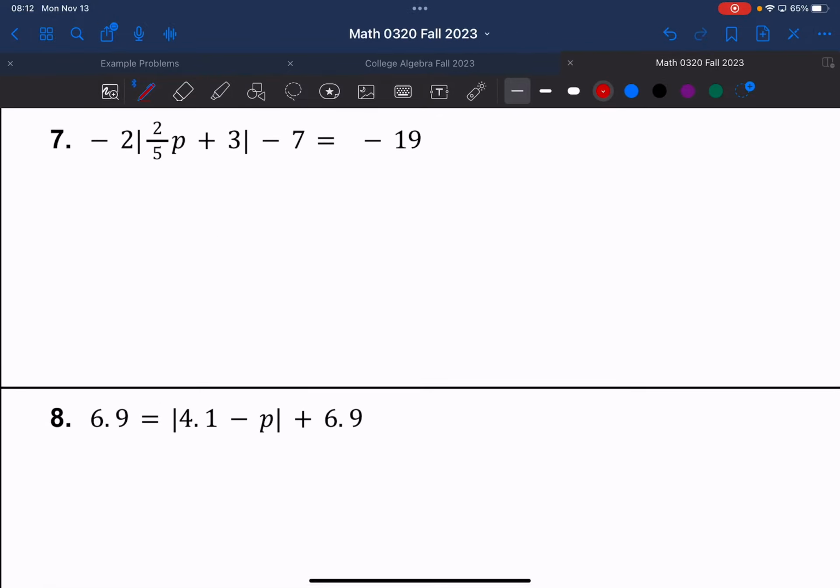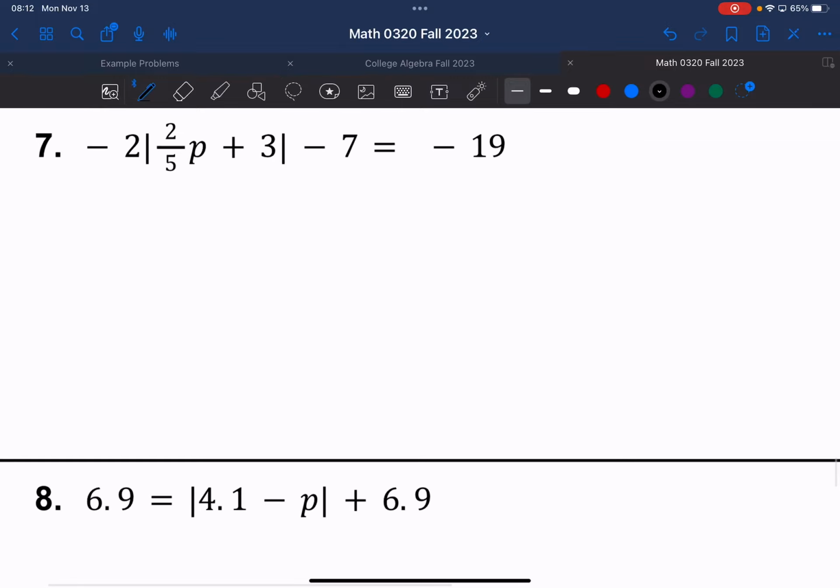Number 7, what would we have to do first to isolate our absolute value? Add the 7, because notice we have a negative 2 being multiplied, and then we have that 7 being subtracted. So first I'm going to add the 7, and I'm left with negative 2 times the absolute value of 2/5 p plus 3 is equal to negative 12.